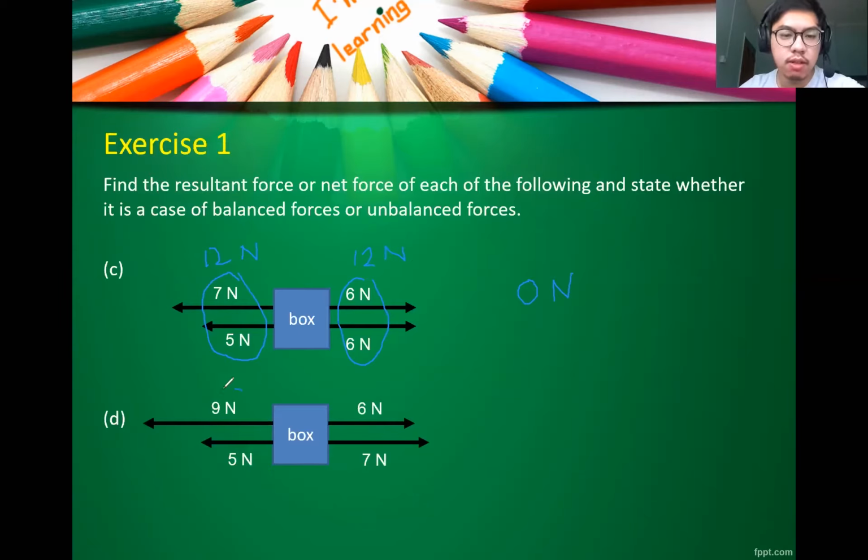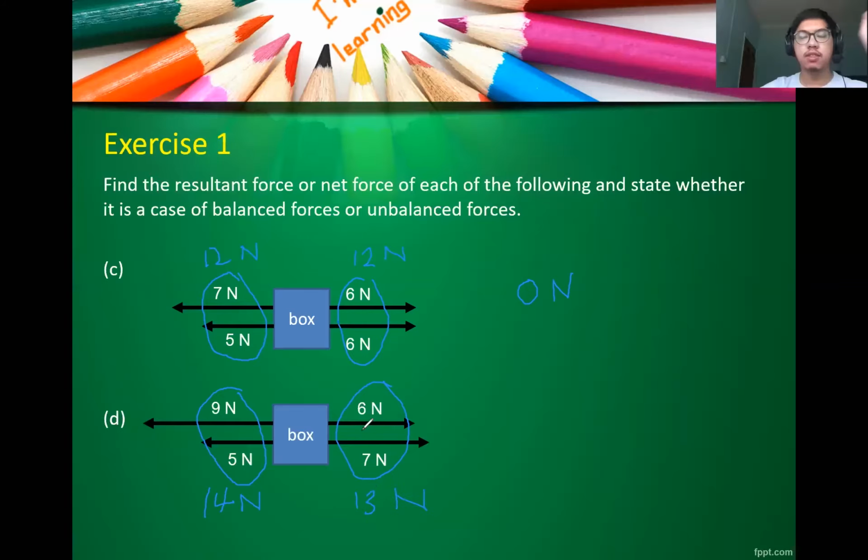For D, let's look at D this time. You have 9 Newton and 5 Newton to the left, and 9 plus 5 is 14 Newton to the left. For forces acting on the right, 6 plus 7 is 13.